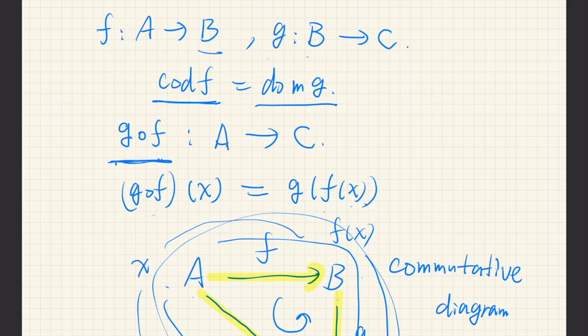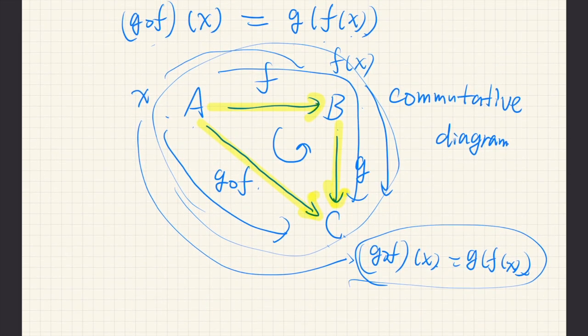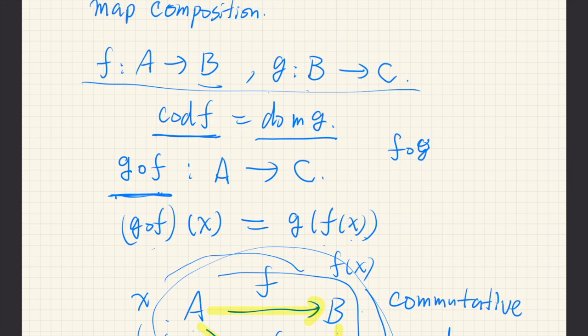However, for these maps, we cannot do F after G because it doesn't make sense. G sends elements of B to C, but F takes elements of A, not the elements of C. So we cannot compose like this. It's impossible in this case.